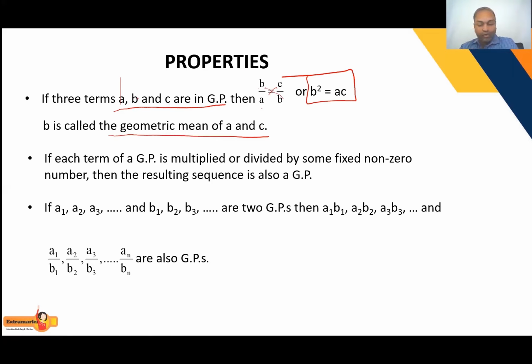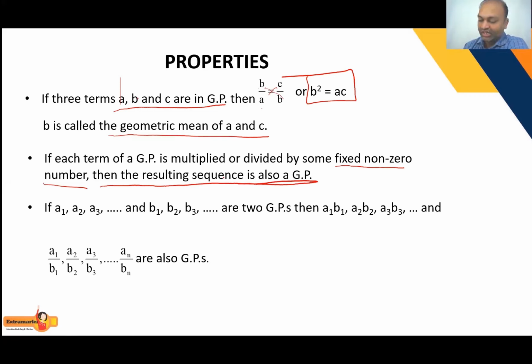Next, the second property, observe this one. If each term of a GP is multiplied or divided by some fixed non-zero number, then the resulting sequence is also in GP, right? Let us see one example.